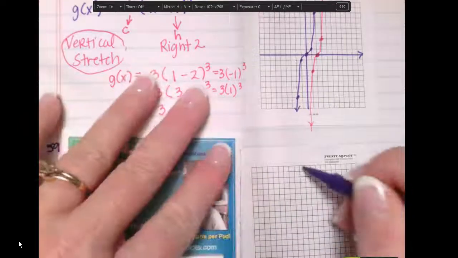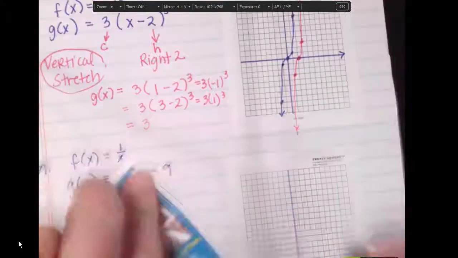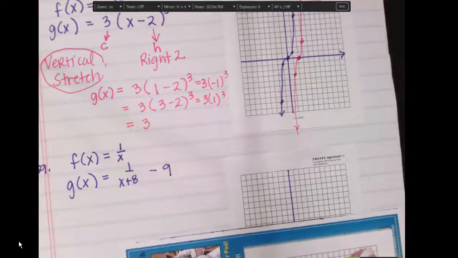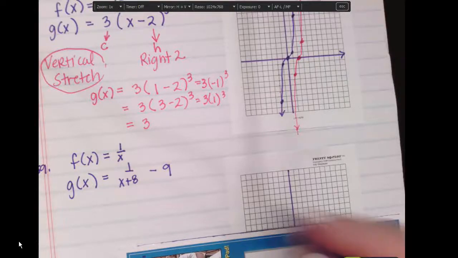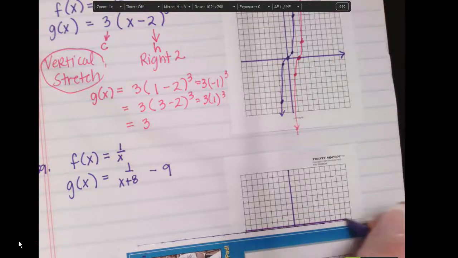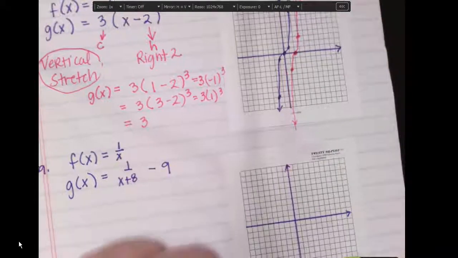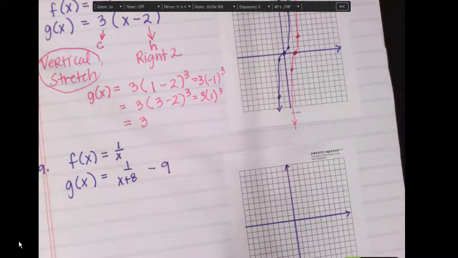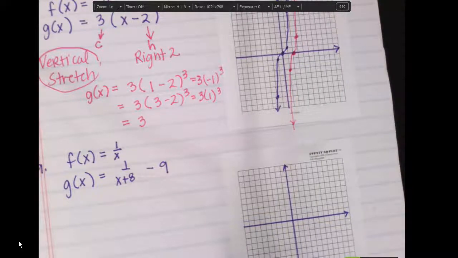So unless you've just opened your book and been studying your parent functions, which I haven't even asked you to do, we're going to have a whole bunch more focus on rational functions. So we don't need to know this by heart. So what I'm going to do is turn to the guide in the back with all of my parent functions.